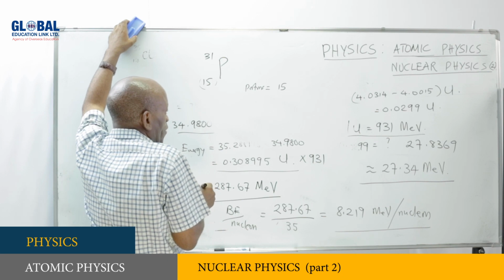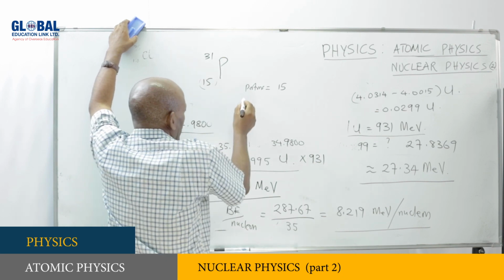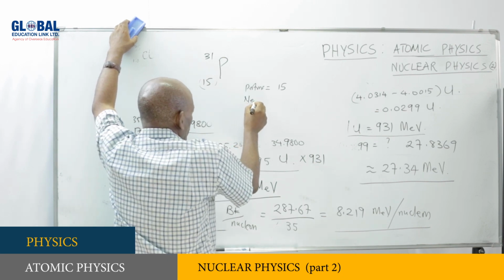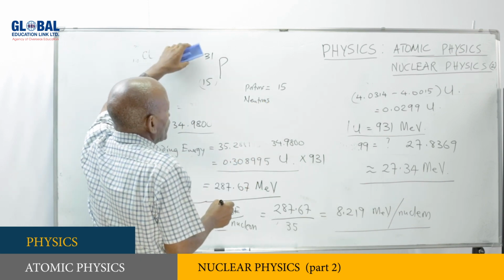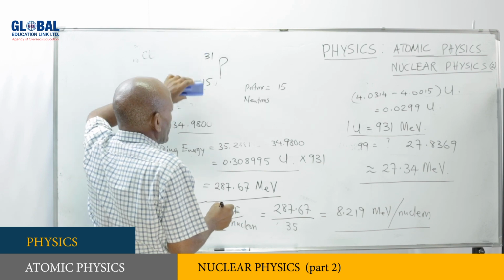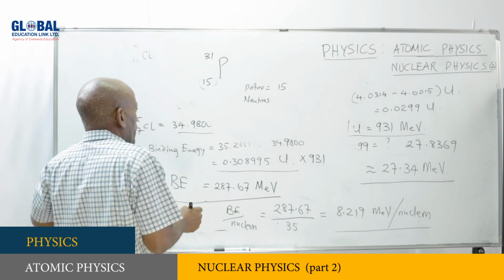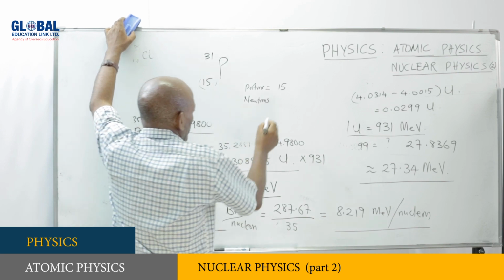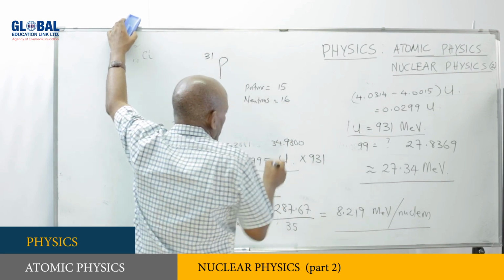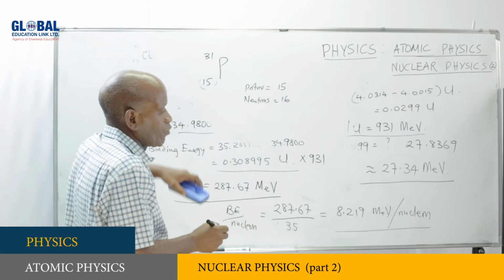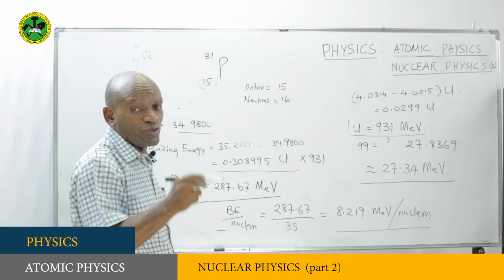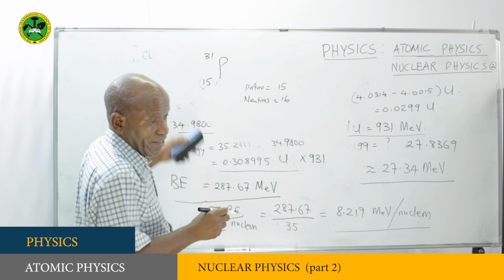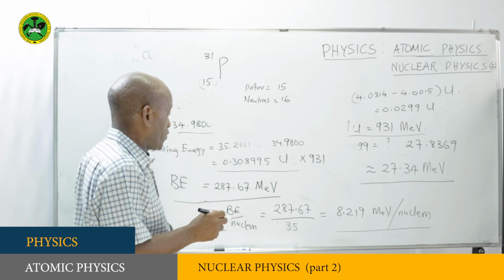And the number of neutrons, you take the difference between 31 and 15, and this will just be equal to 16 neutrons. And having obtained this, then you go through the same procedure as I did in the first question.